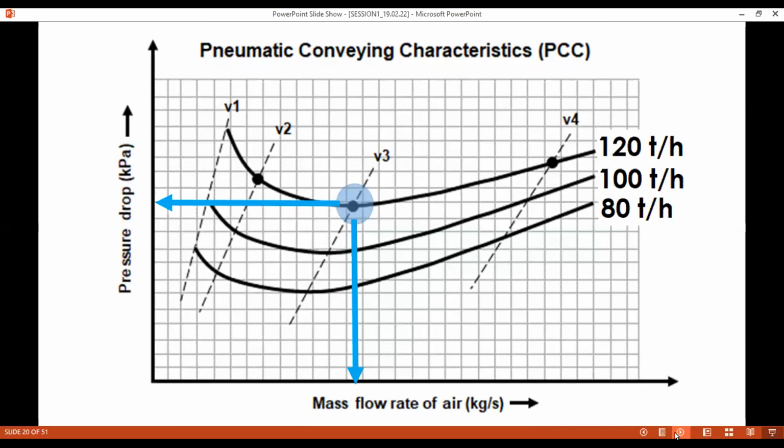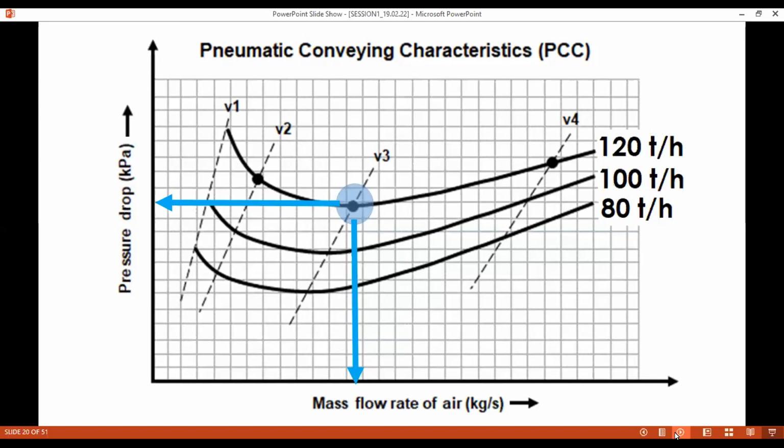If you look at these lines, these are typically fly ash lines. They have a pressure minima. So these are U-shaped lines. So they typically have a pressure minima point. So you should try to operate the system at the pressure minima, where you can operate the system with the lowest air mass flow rate and pressure drop.